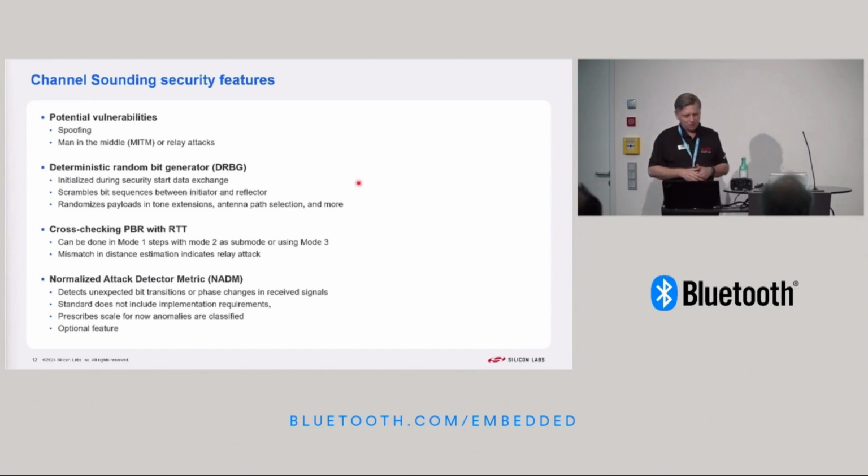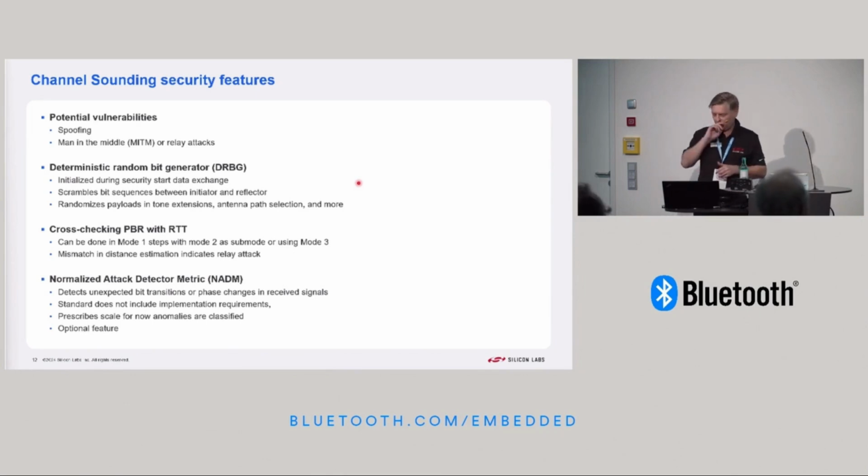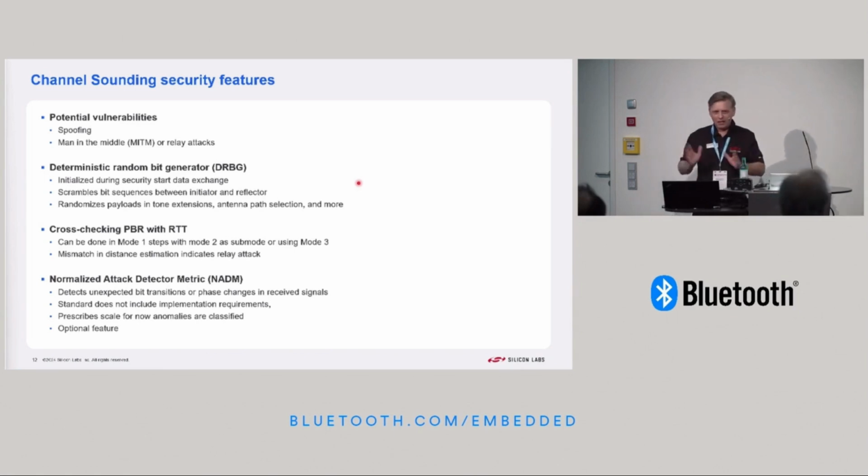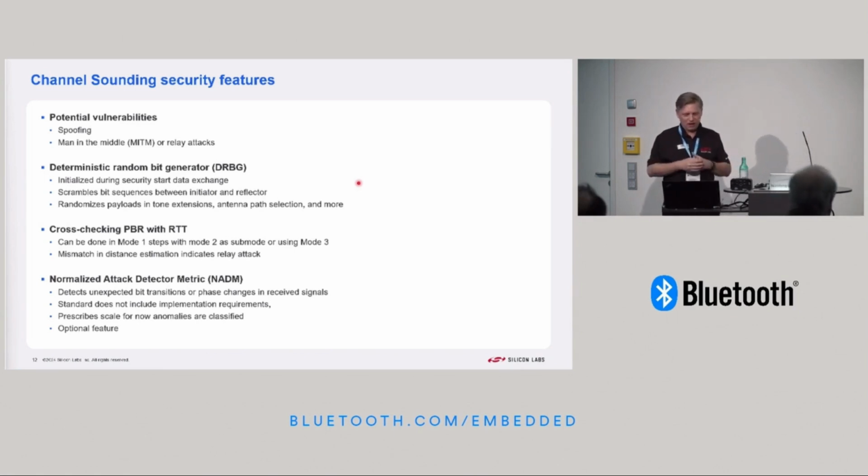And the last thing I'll mention is the normalized attack detector metric, the NADM. It's basically a metric that allows the link layer to communicate to the higher layers of an application the likeliness that a bit has been manipulated during transmission, that there's some unusual phase shifting activity that's happened.